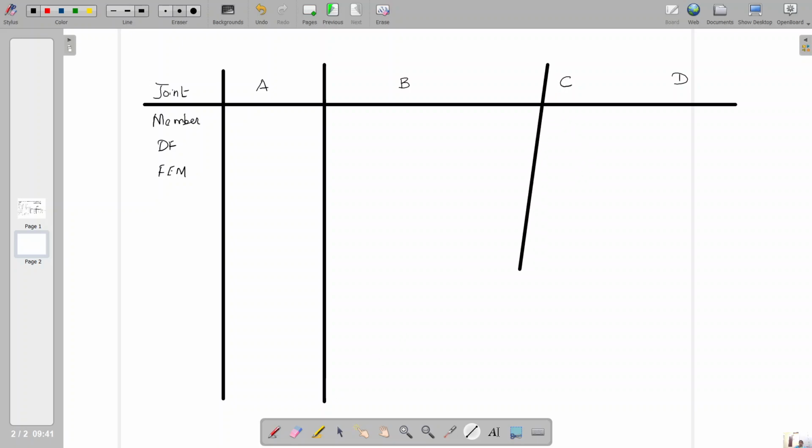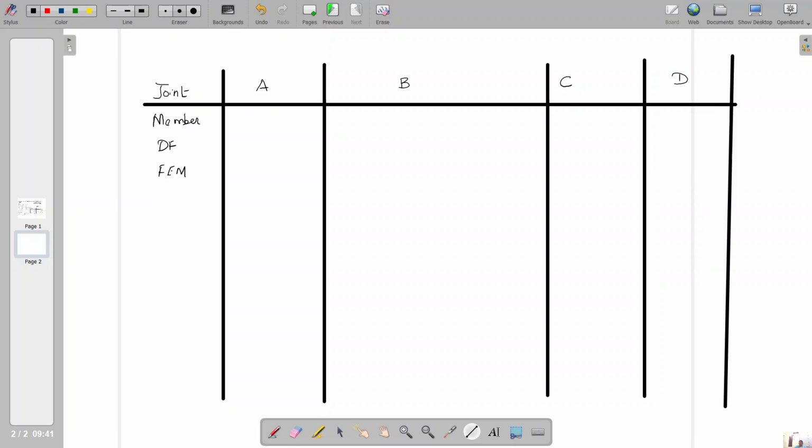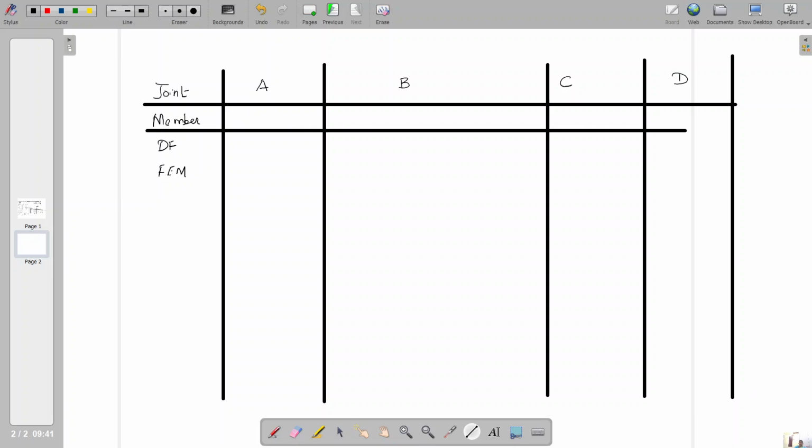I am going to give more space for the joint B, since it is for our next members. For the distribution factor also you can draw a line.